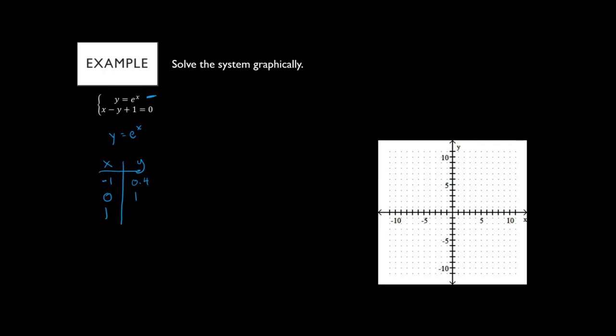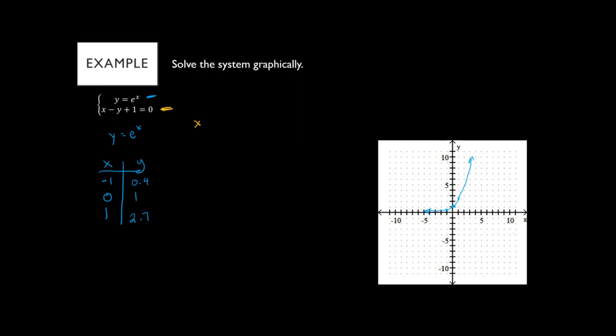E to the 0 is 1, and then e to the first power is that 2.7-ish number. So I'm going to attempt to graph these really badly. Something like this. So that's my e to the x roughly.